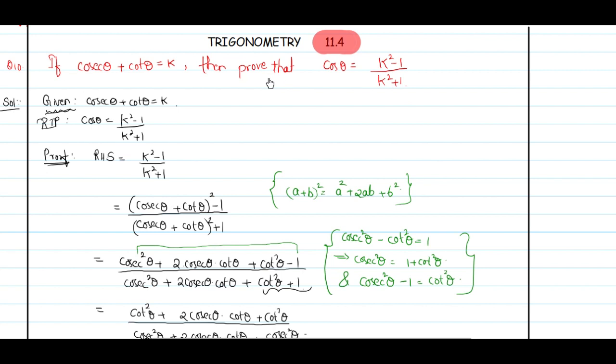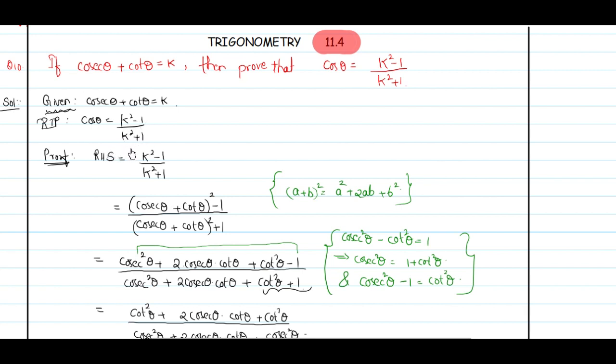So, let us write what is given. Given is cosecant theta plus cot theta is equal to k. Then what do we need to prove? Cos theta is equal to k square minus 1 by k square plus 1.